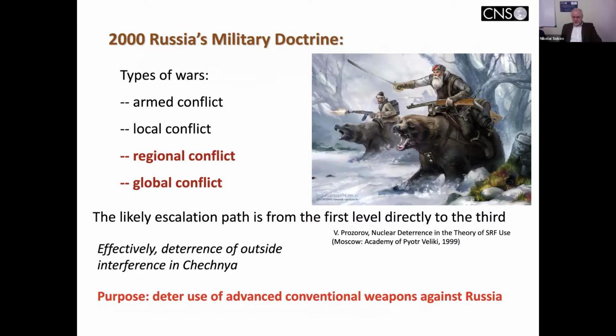The 2000 military doctrine was prepared under the impact of the war in Kosovo, which happened in '99. Yes, and that war really showed how the United States could, in fact, fight without immediate contact between forces, at long distances, with just conventional weapons.